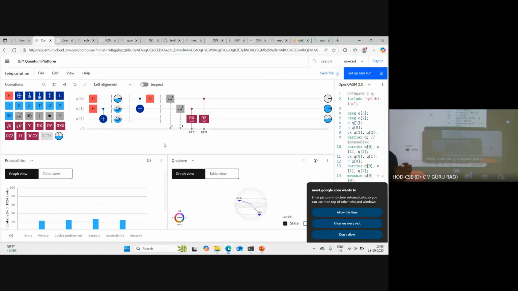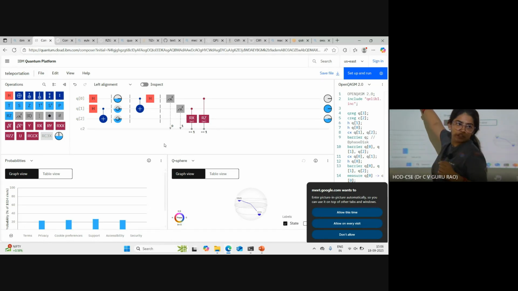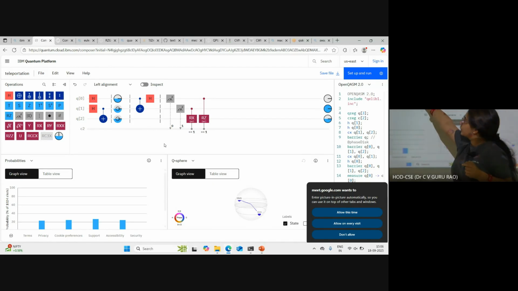How do we generate a Bell state? With the help of Hadamard and C naught. So if we apply C naught and Hadamard in this order, that will not destroy the entangled state, but it somehow correlates Q0 with Q1.